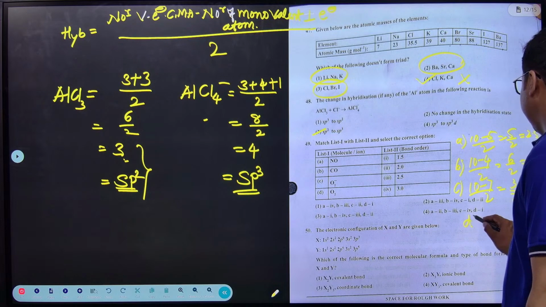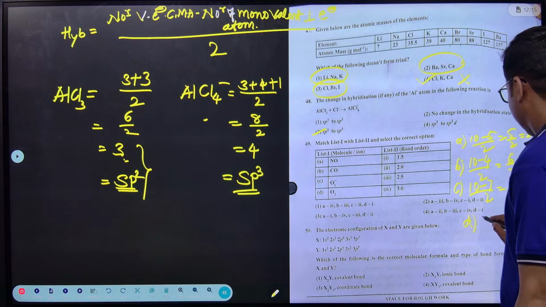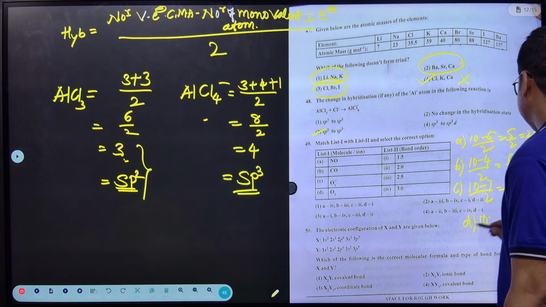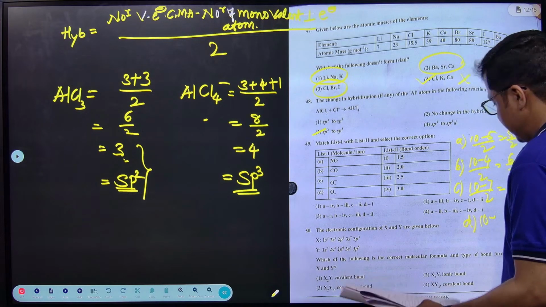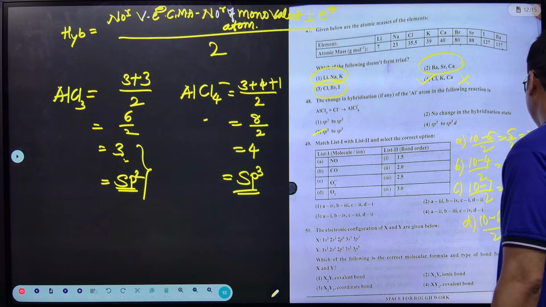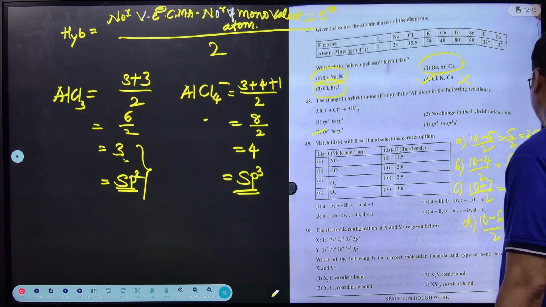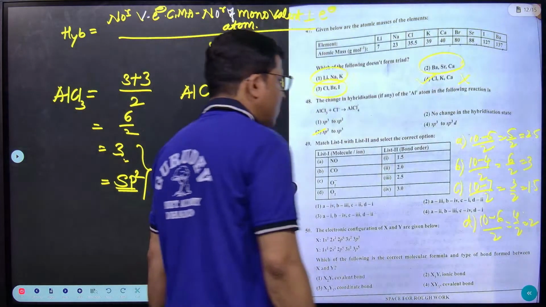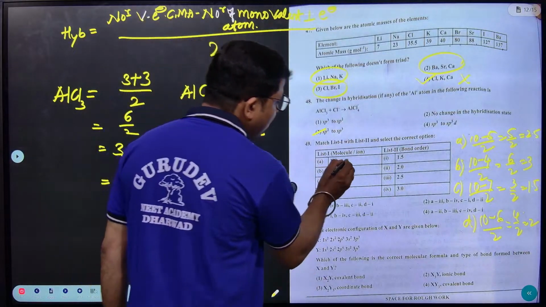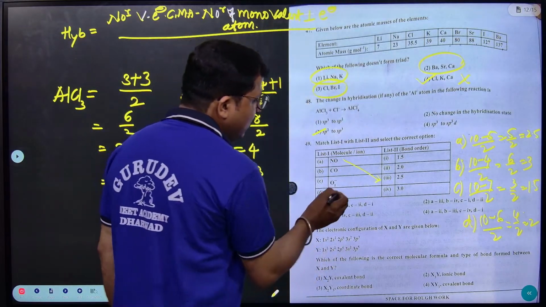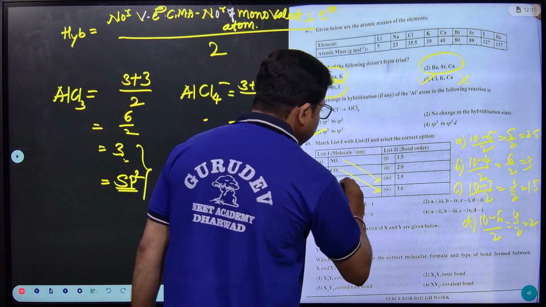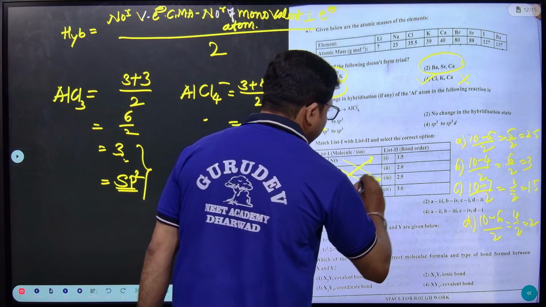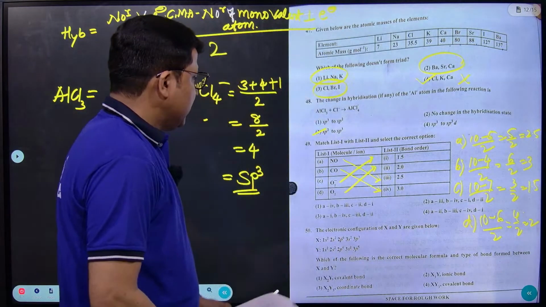And option D, that is 10 minus 6 divided by 2, equal to 4 by 2, equal to 2. So according to this, NO is 2.5, CO is 3, O2 minus is 1.5, and this one is 2.